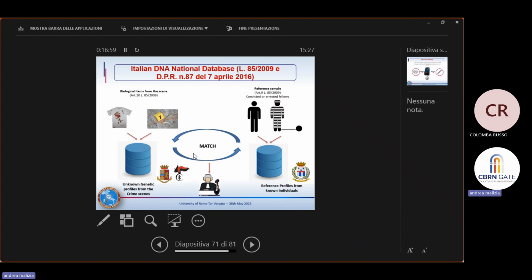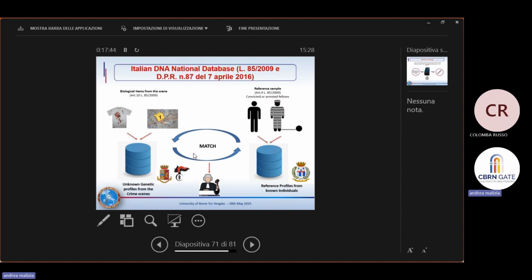So, just a few words about the Italian DNA National Database. I told you that the law is from 2009, but the database was started in 2016 or 17. Basically, the database is made of two macro databases. One is where all the unknown profiles that arrive from the crime scene are uploaded.